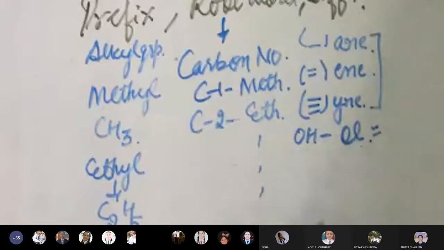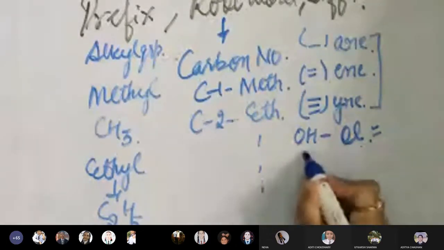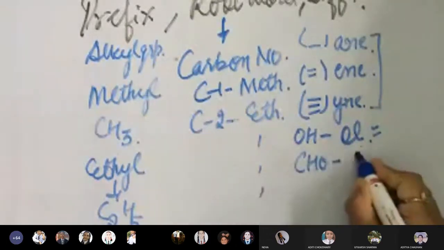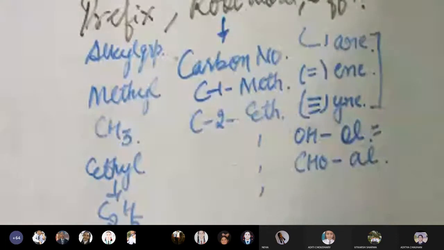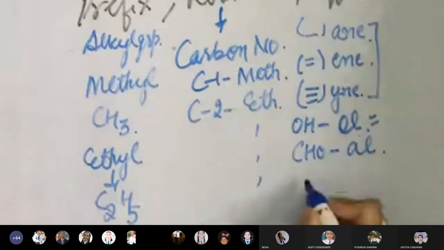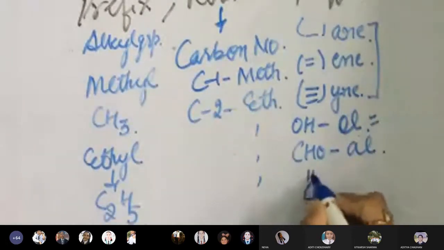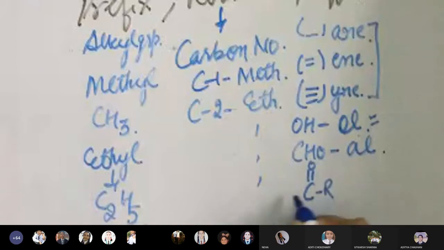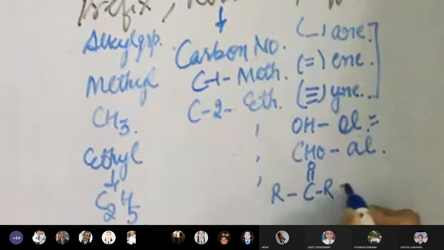So up to here, your compounds are very easy to name, because OH is the commonly given example. If I write here CHO, then the name should end with AL, because it is an aldehyde. When I use this C double bond O, with an alkyl group on this side and also on this side, raise your hand, what is this called, and the name should end with what? R single bond C double bond O, again joined from both sides with R groups.